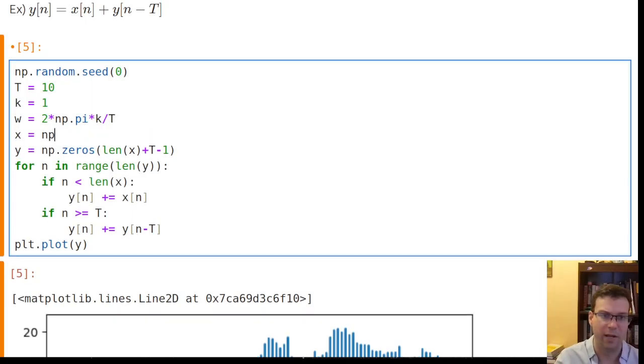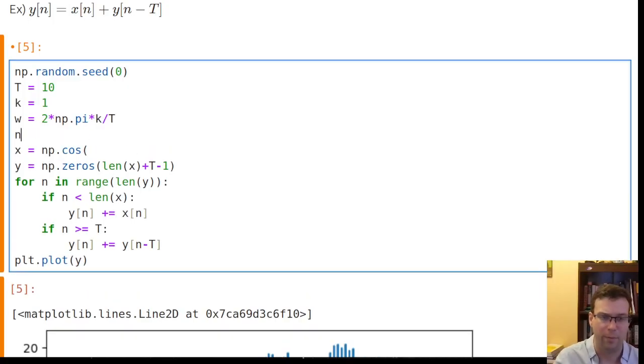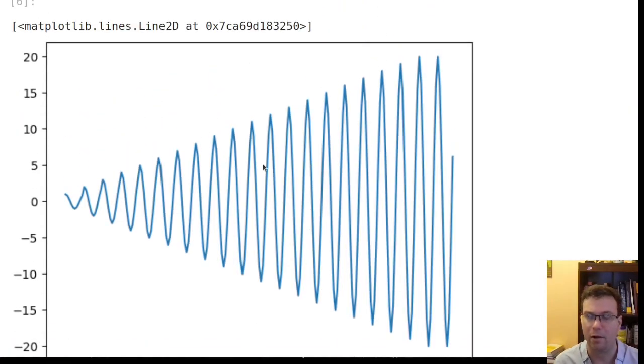And so I will make my x be cosine of, I'll come up with my n's here. Let's just say I'll start off with maybe 200 of them. Okay, so let me make this cosine of omega times n. All right, now this is very clear to see, it seems to be increasing linearly every period.